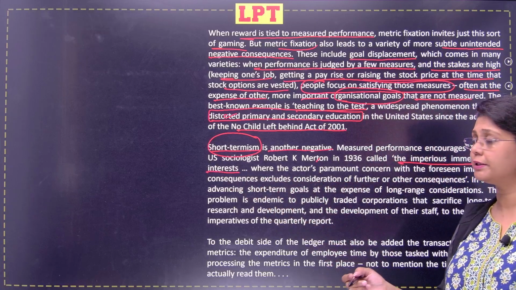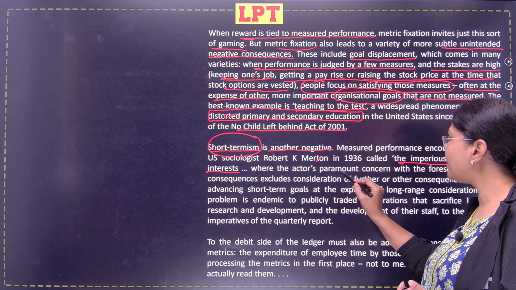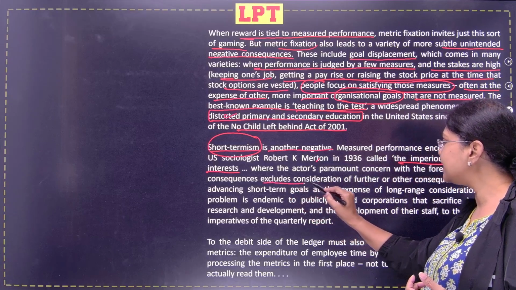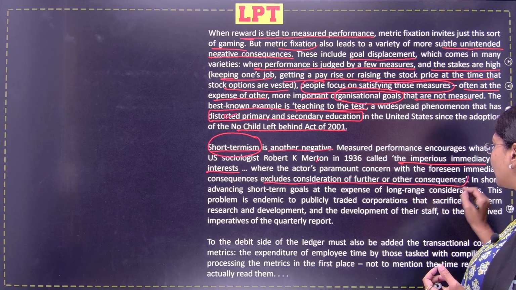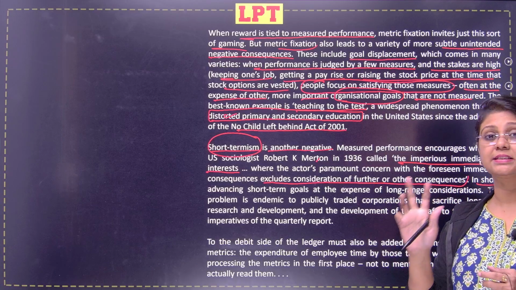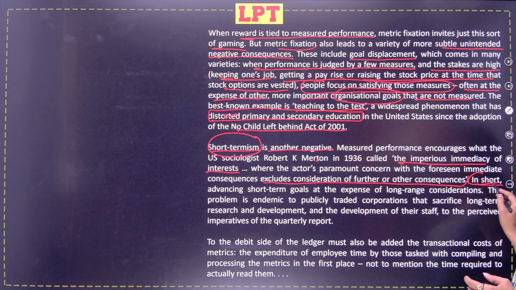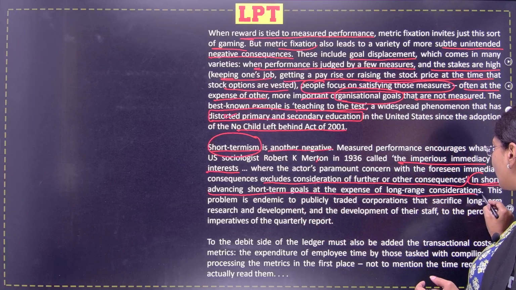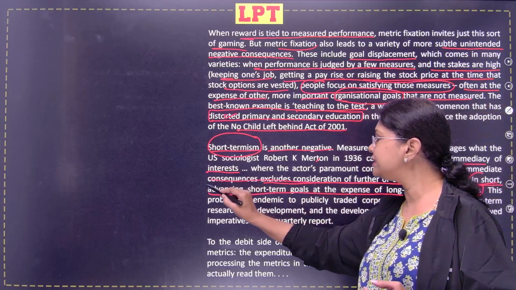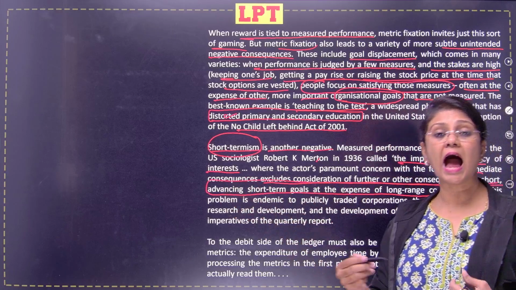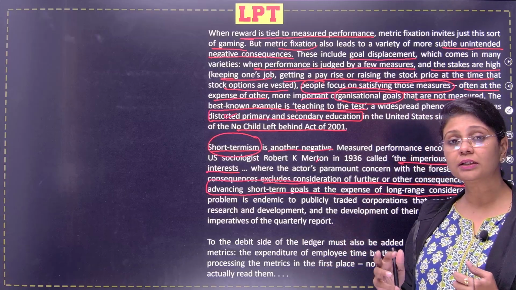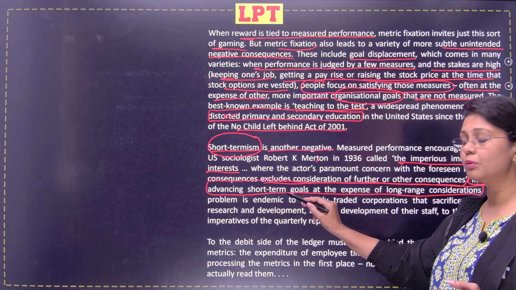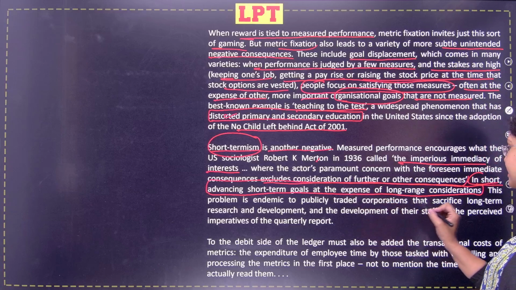Let us understand what it means: where the actor's paramount concern with the foreseen immediate consequences excludes consideration of further or other consequences. In short, he has given a shorter version here: advancing short-term goals at the expense of long-range considerations. When you talk about institutions, organizations and companies, short-termism is another fallout of metric fixation, advancing short-term goals at the expense of long-range considerations.